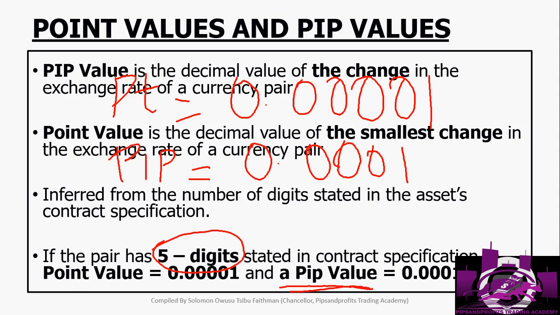So you can see that with 5 digits, we have 5 decimal places for the point value, and 4 decimal places for the pip value.